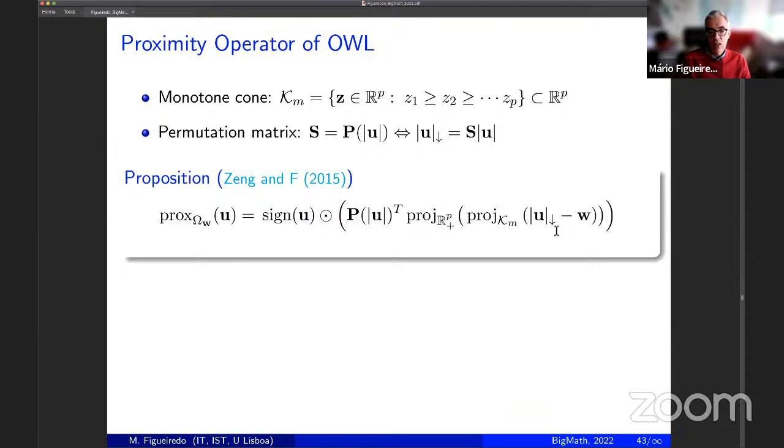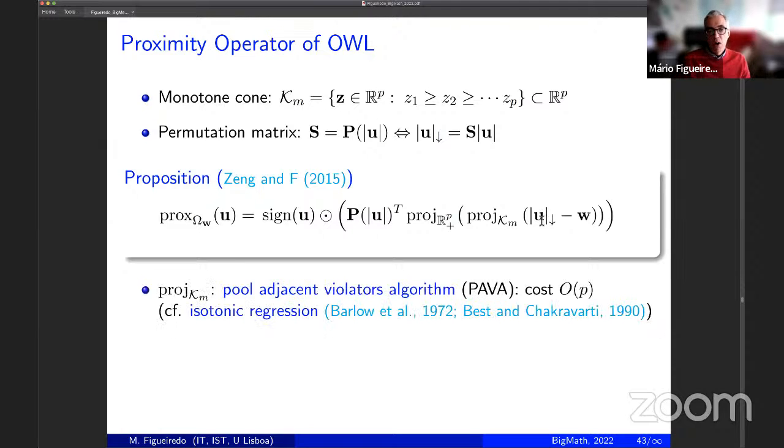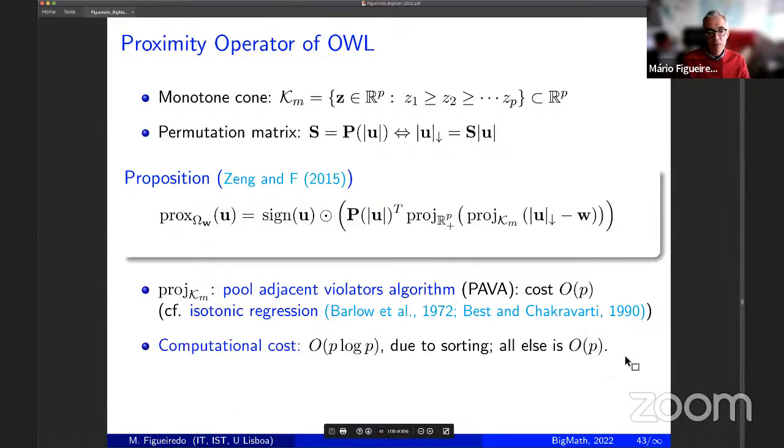So this is very cheap to do, because the most expensive operation is the projection on the monotone cone, which is used in an area of statistics called isotonic regression. It costs order P, with a famous algorithm called pool adjacent violators.